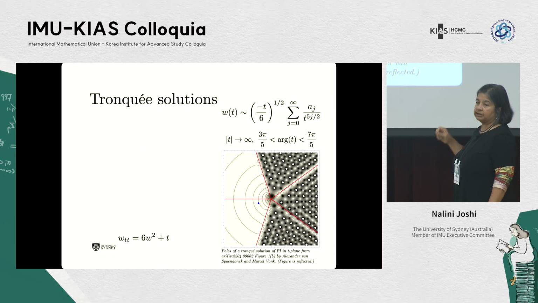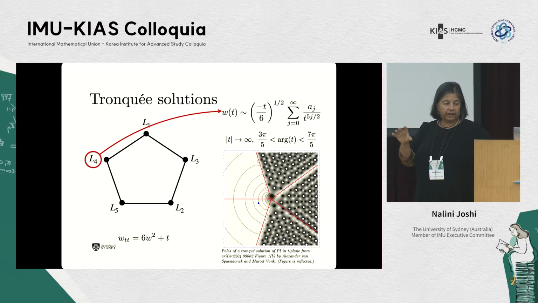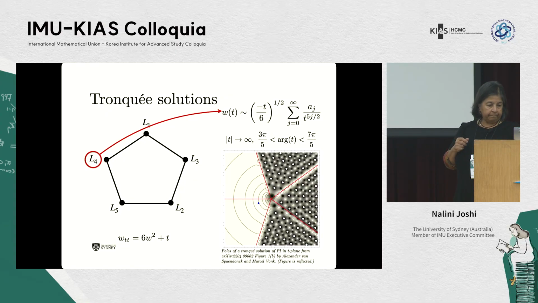This is just a numerical picture of the poles of that equation. And there's truncated and then there's tri-truncated. They arise as important solutions in mathematical physics. This is tri-truncated, the one that corresponds to the intersection of L1 and L4.